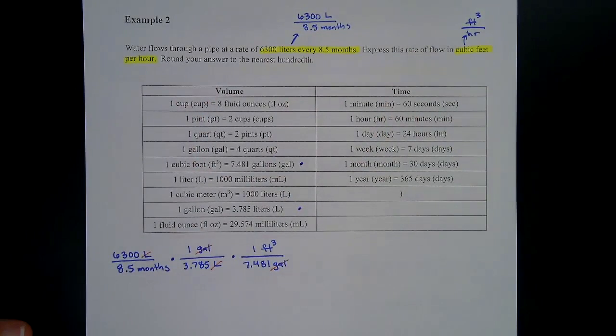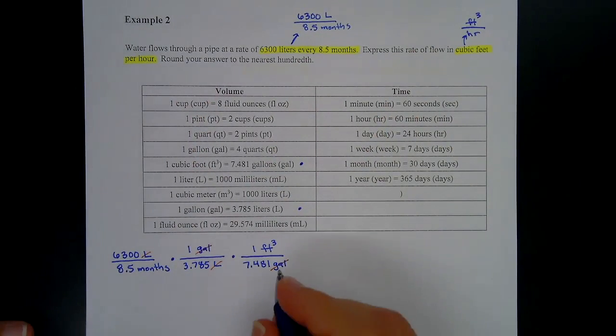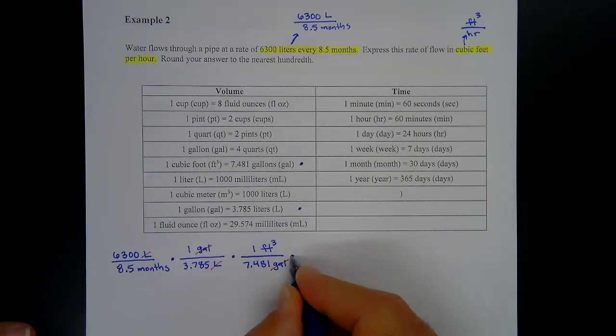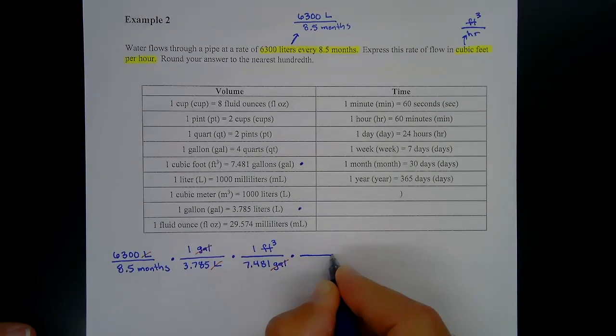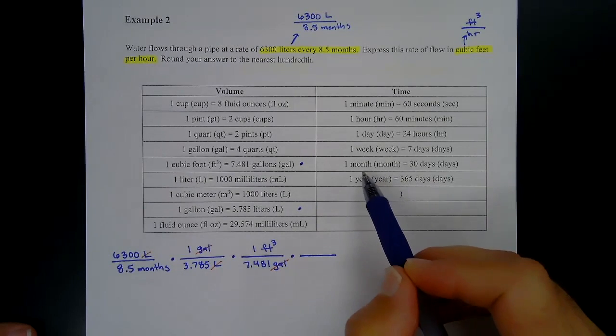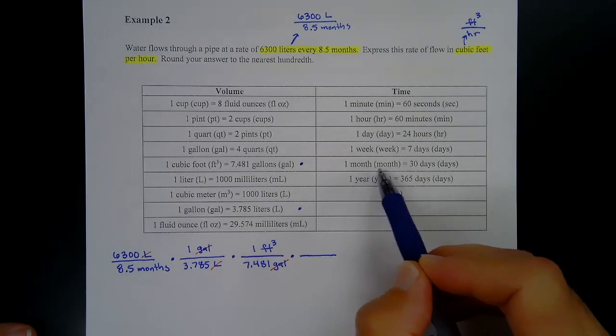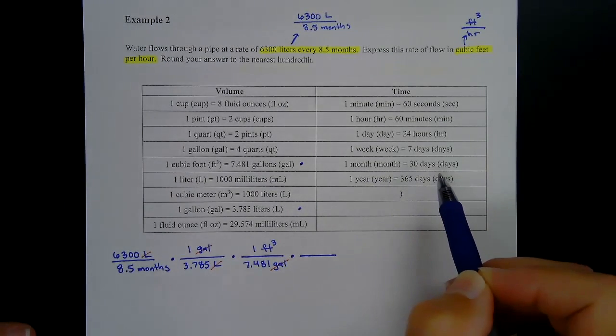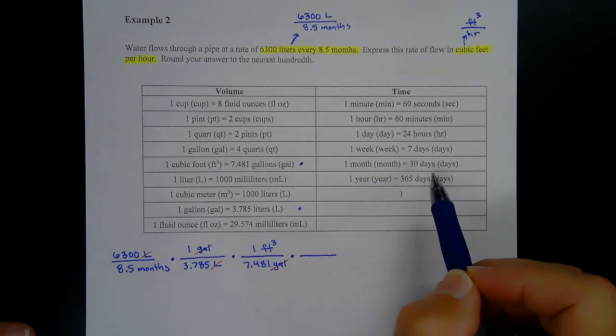So how do I convert this to hours? Because that's what I need to do now. So I need to multiply by another conversion factor. So months, this is the month right here. I know 1 month is 30 days. Now I know sometimes it's 31, and sometimes 28, and sometimes 29, depending on the month.